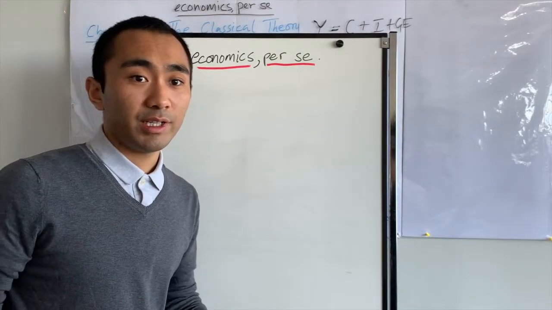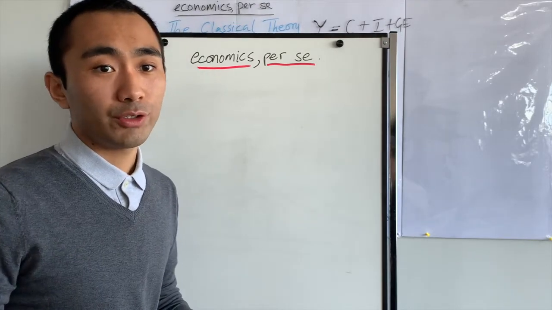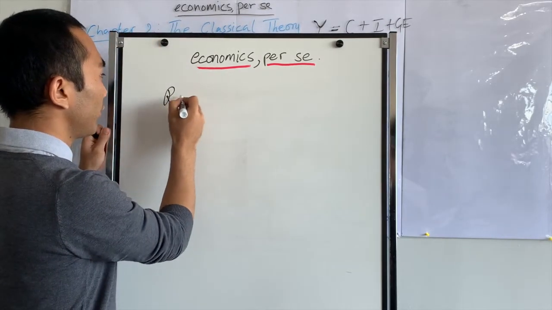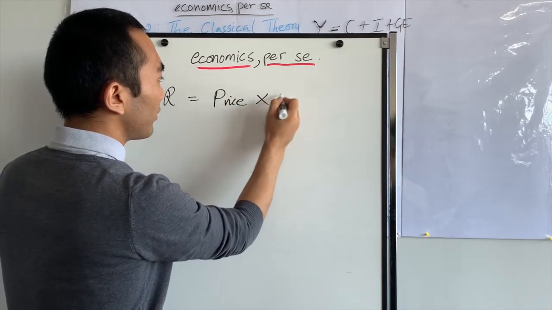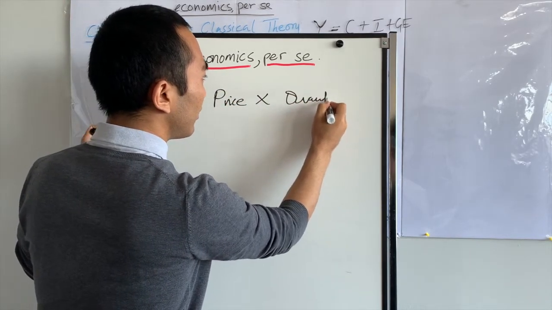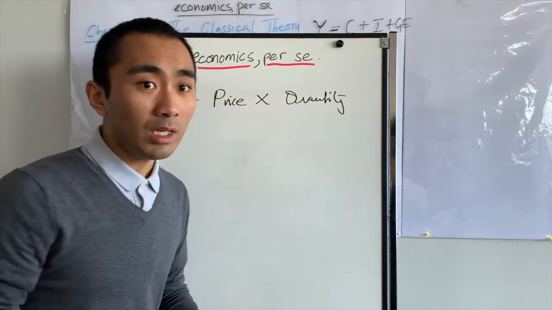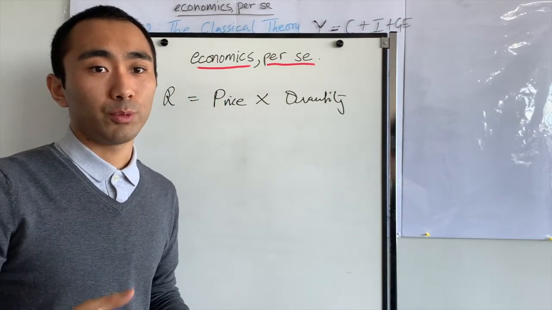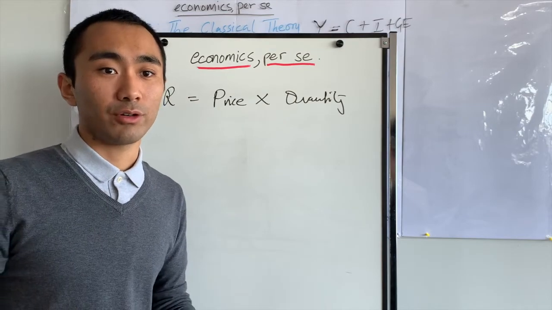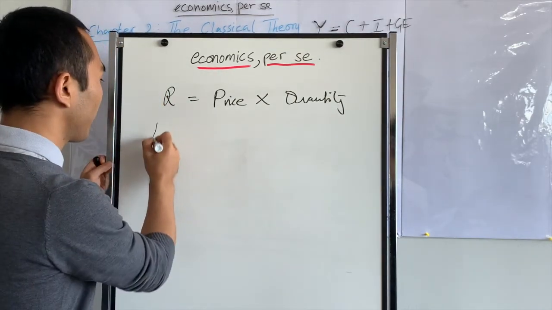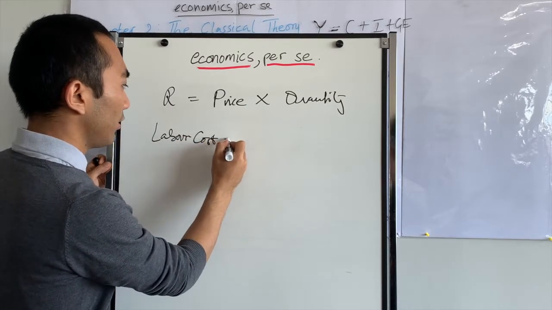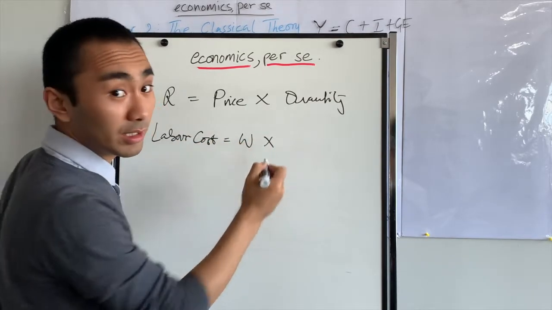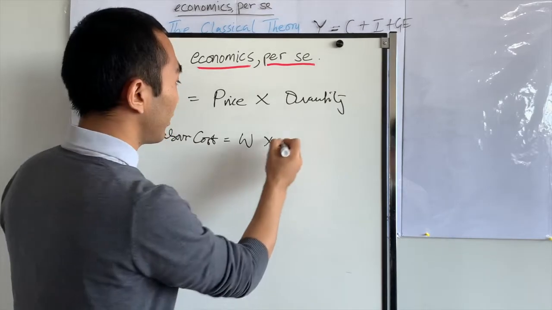Revenue is simply price times the quantity of output. Costs include both labor costs and capital costs. Labor cost is the wage times the labor.